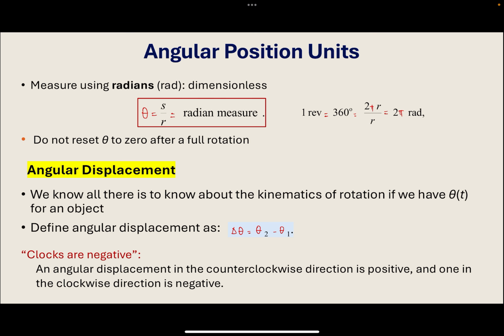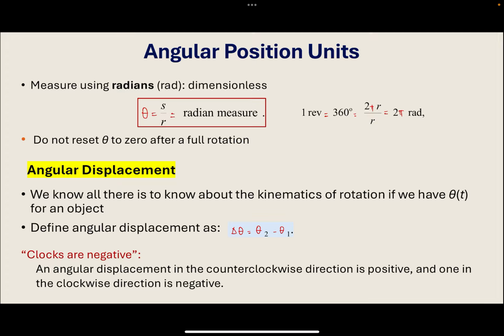Next, we will discuss angular position units, the unit used to measure rotational position. In linear motion, we use meters for distance. In rotational motion, we use radians to measure angles. Now, what is a radian exactly?